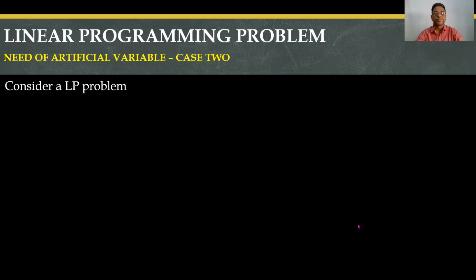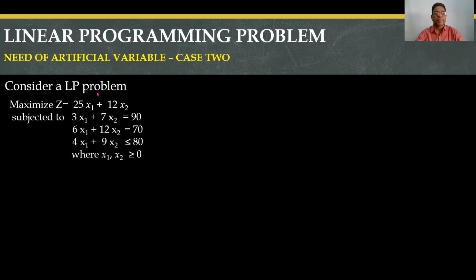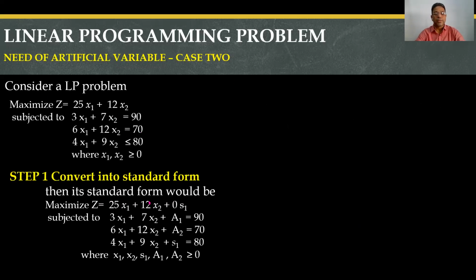Let us see how. Consider the same LP problem. Now here we'll add an artificial variable in the first equation, and we'll add another artificial variable in the second equation.